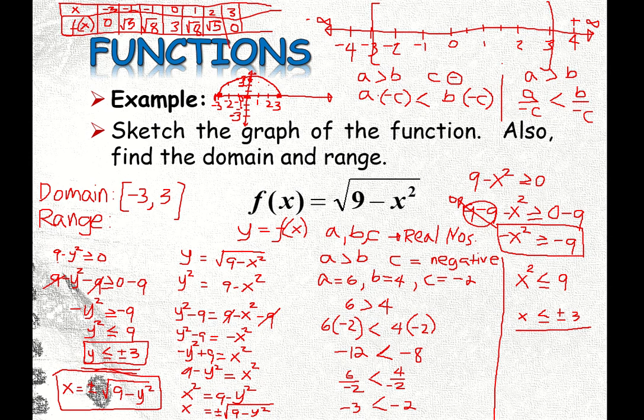When y is -2, so consider this value here, -2. Okay, so y is -2, -2 squared, 4, 9 minus 4, square root of 5. So where is it? Square root of 5, that is 2 point something, right?